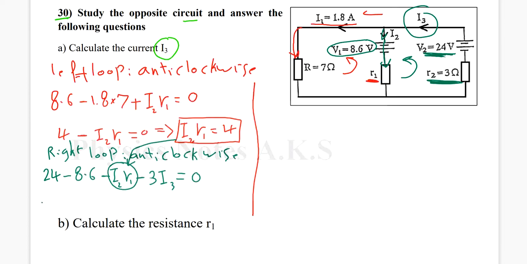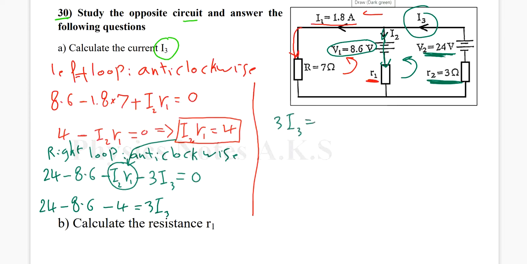So I just substitute, it is going to be 24 minus 8.6 minus 4, and I take the I3 to the other side, it becomes positive. So I will have 3 I3.